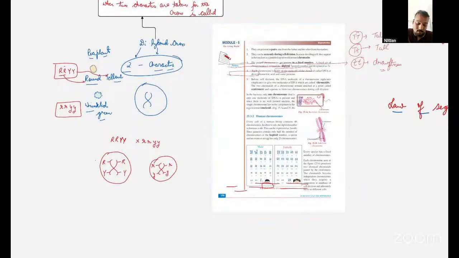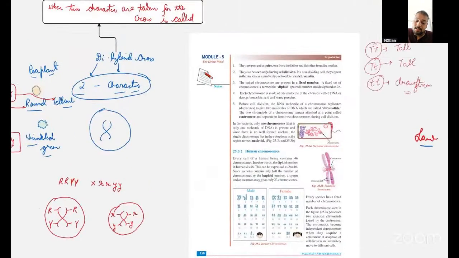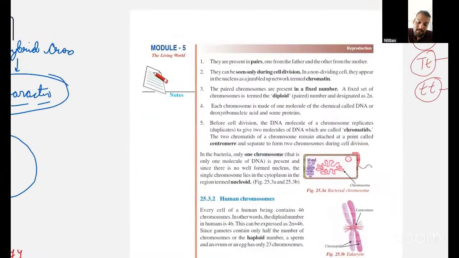That is called eukaryotes. Okay. They are present in pairs, one from father and one from mother.